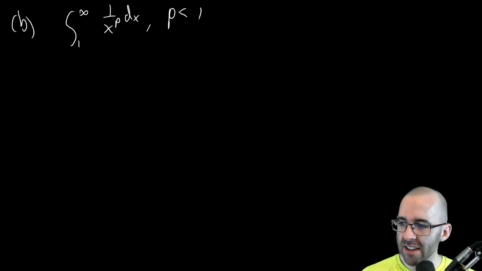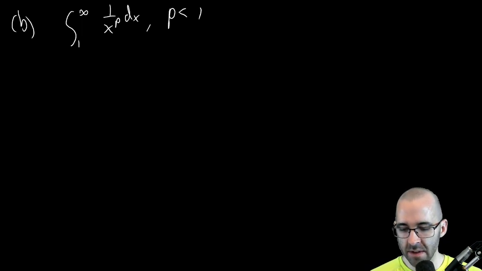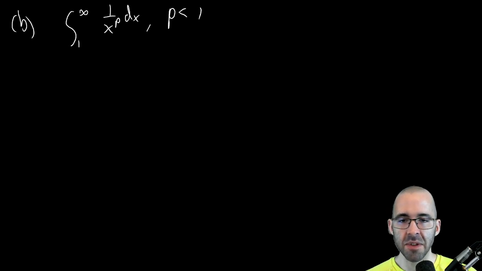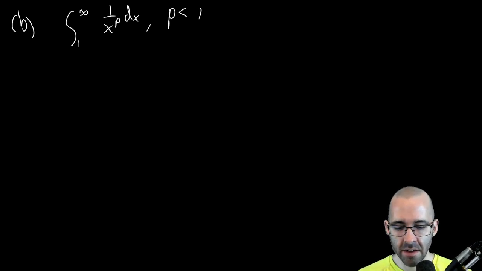I think it doesn't. But we can split this up by cases if we really, really want to. Interesting. Okay. Let's just look at some examples and try to figure out what's going on.